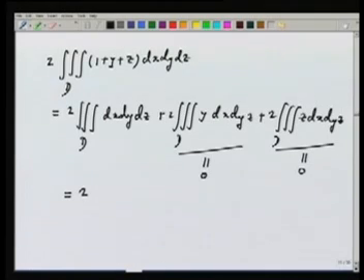Okay, the sphere of radius 1 has volume 4 pi by 3 r cubed, that is 1 cubed here, so 2 times that is 8 pi by 3, which is actually the left hand side of the divergence theorem.